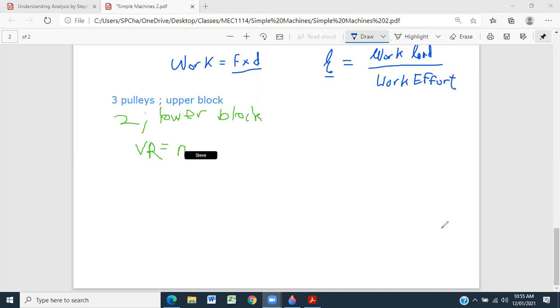So it would be 3 plus 2, which would give you a velocity ratio of 5, right? And then they also give you the effort, which is 240. Steve, can you speak up?